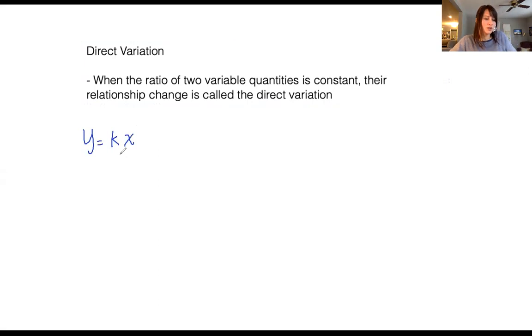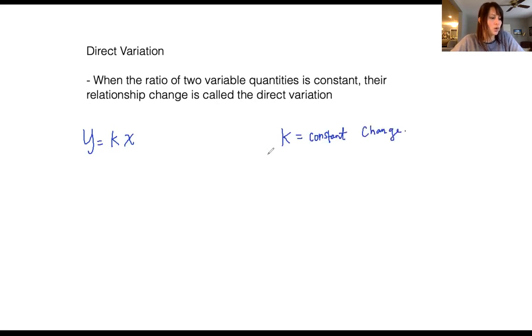So the direct variation is a relationship where the ratio of y to x is constant, and so we call that direct relationship k. And so this k stands for the constant change.